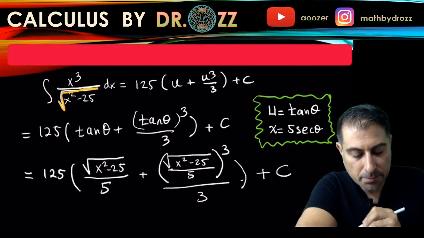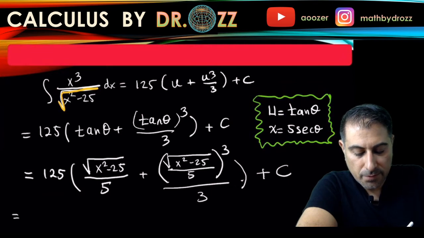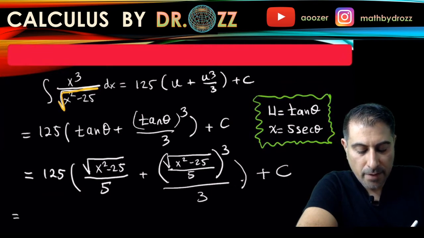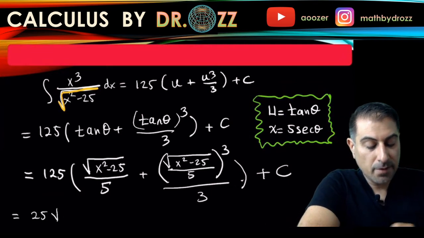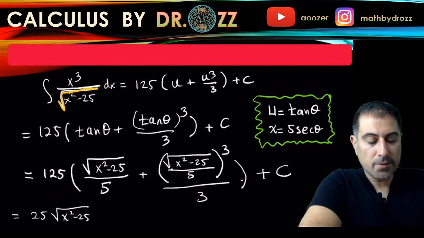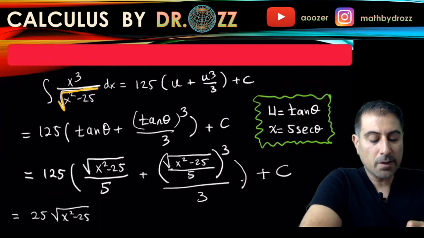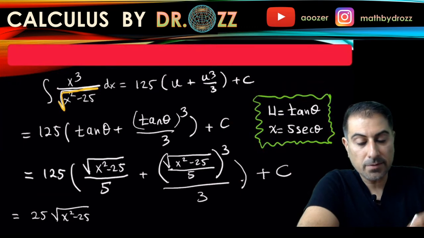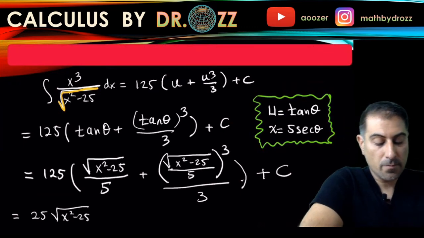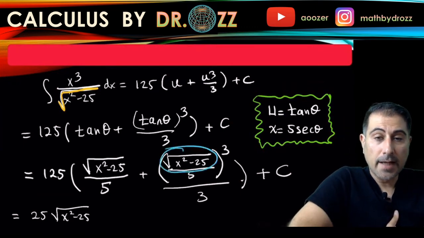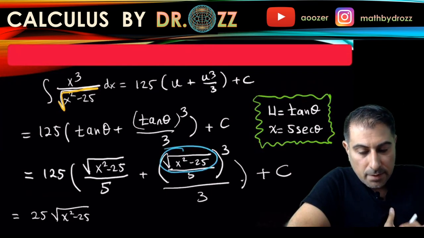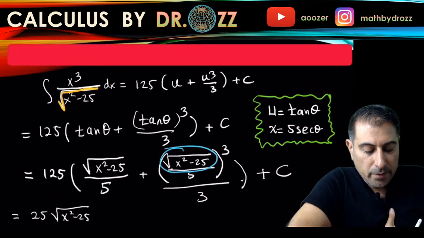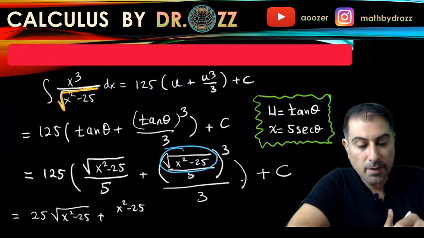Here we go. Let's just simplify this. So this is 25 radical x squared minus 25. And when you take the cube of that, this is already the 1/2 power of x squared minus 25. So I'm talking about this radical term here. And if you take the cubic power of that, that'll be x squared minus 25 to the power of 3/2.